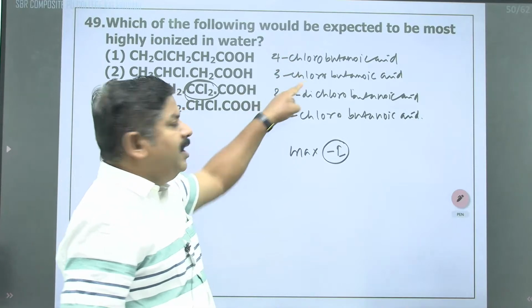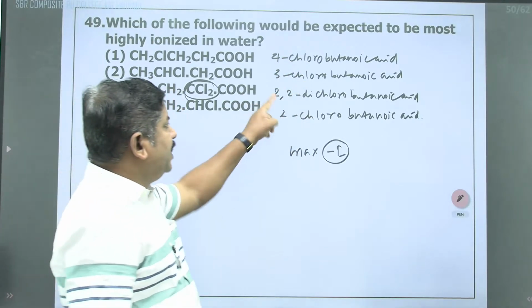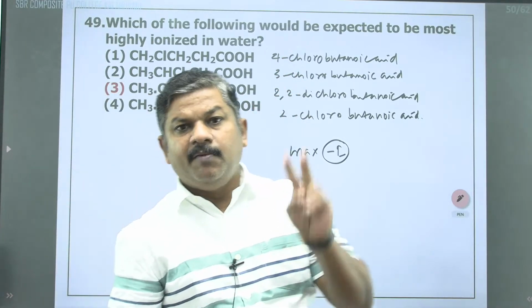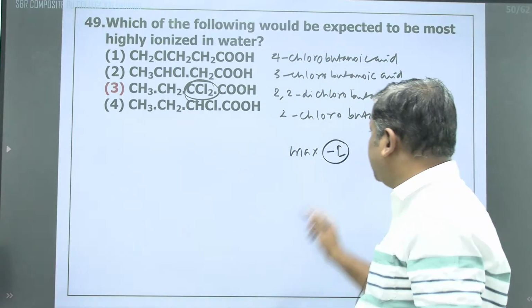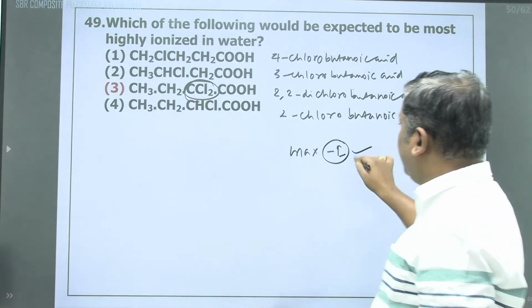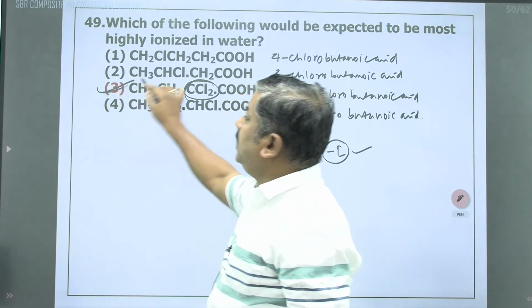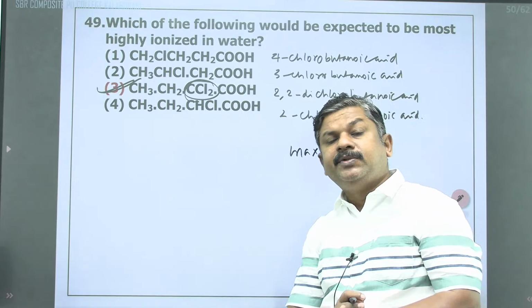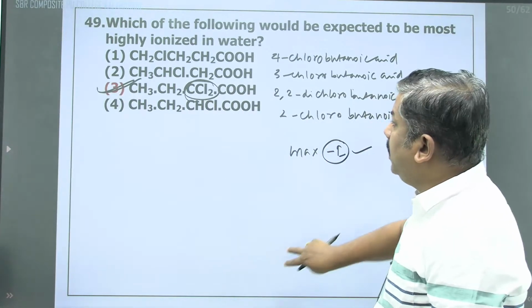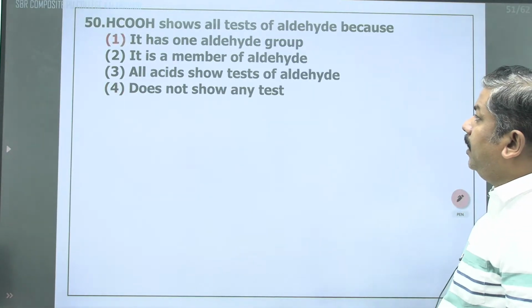The rest of the compounds contain only one chlorine atom, but the third contains two. That compound is highly acidic, which means it can be ionized to the maximum extent. 49, option number 3 is correct.